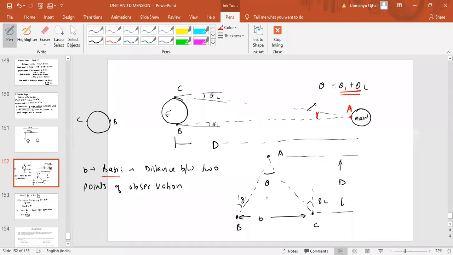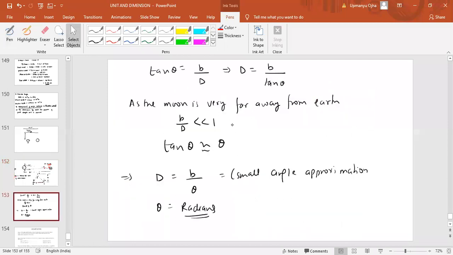If you take tan theta, tan theta would be equal to what? Perpendicular upon base. So what is perpendicular? That is b by d. So d will be equal to b by tan theta. From here we get the value of the distance between the earth and the moon.